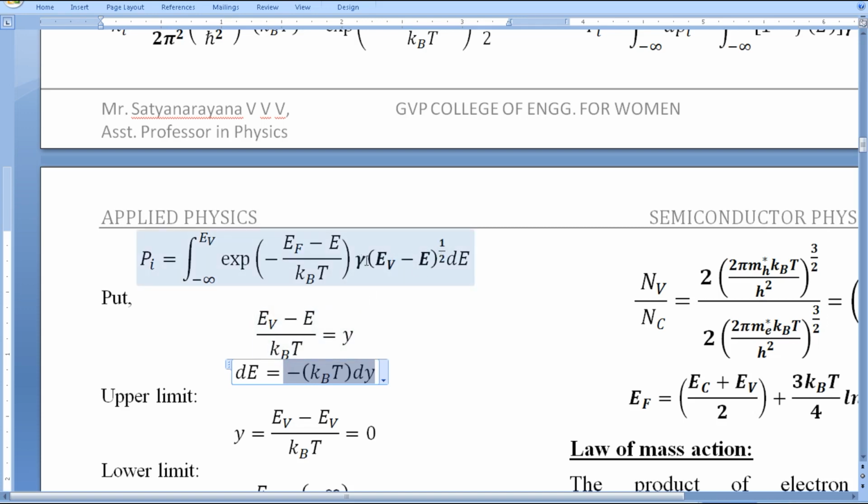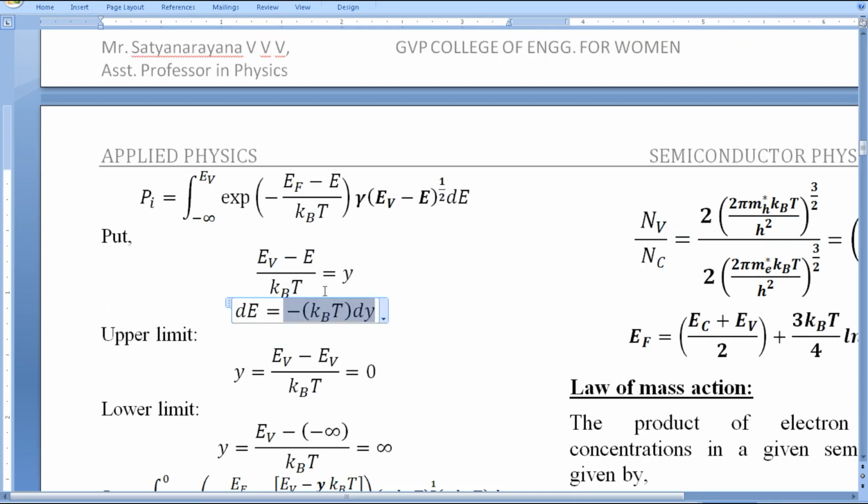Gamma is constant. Now let us apply the upper limit and lower limit. If you substitute the upper limit E becoming EV, EV minus E is 0. So y becomes 0 as the upper limit. And similarly for this E, if you substitute minus infinity, minus becomes plus, so y equals plus infinity.